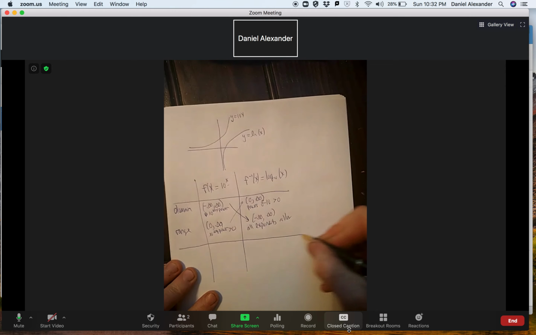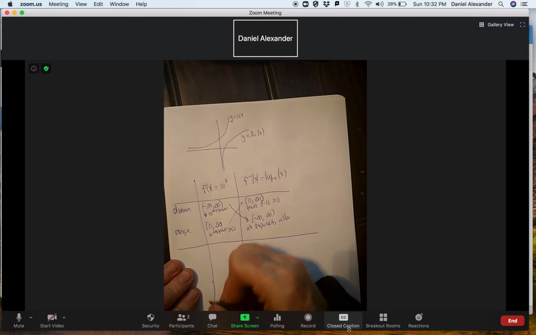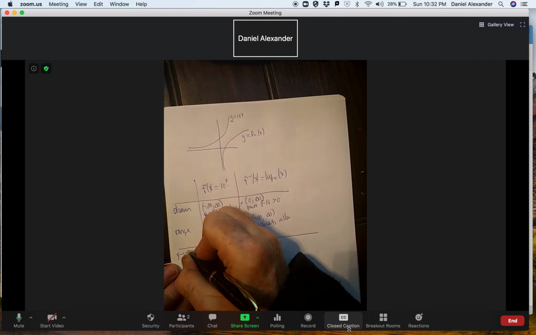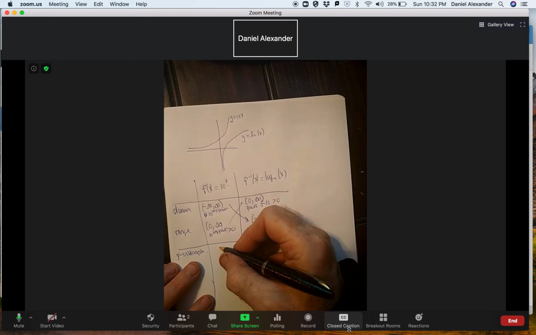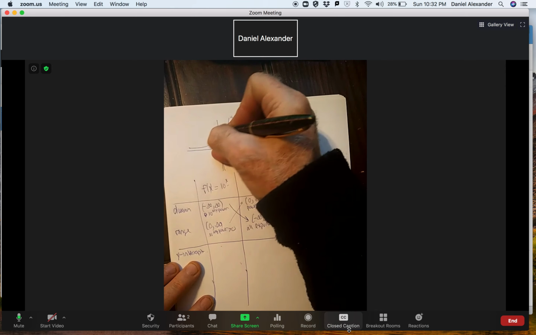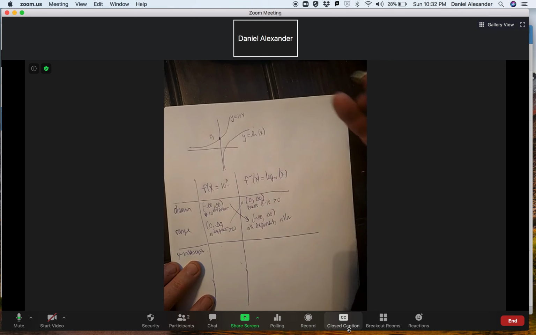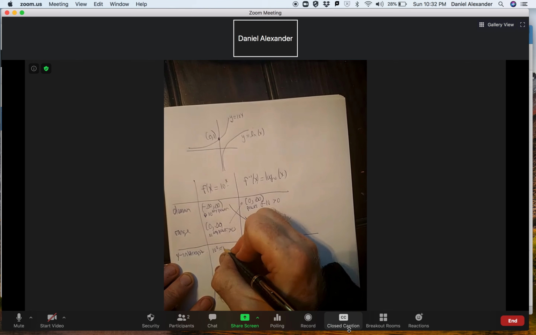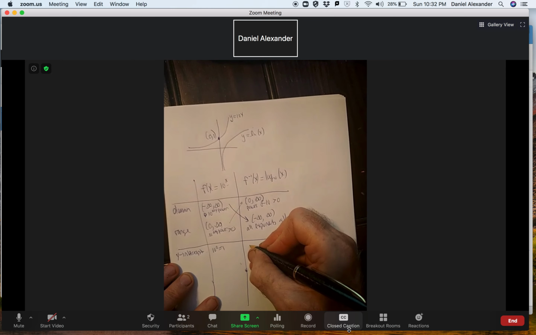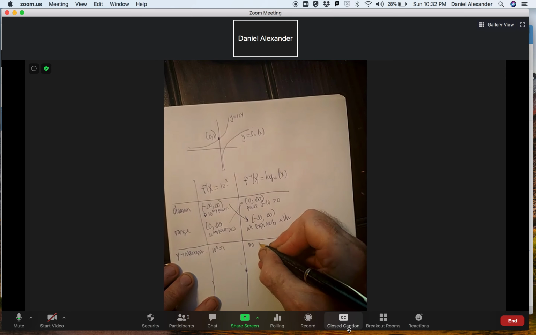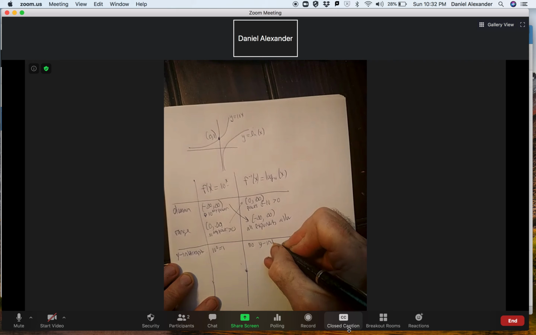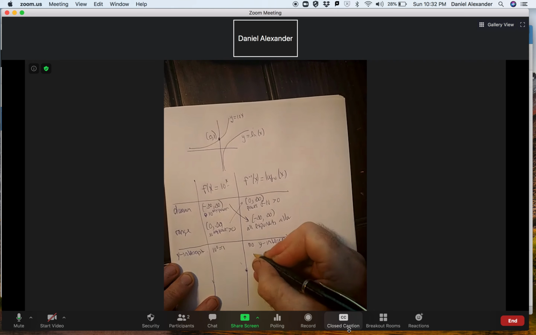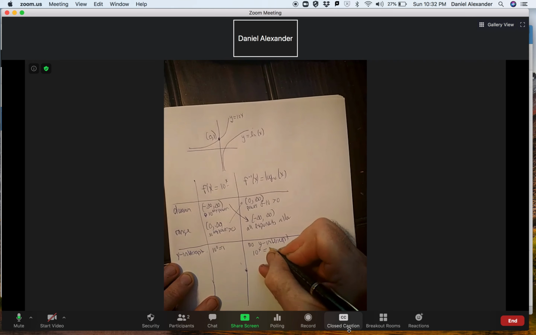Okay, a couple of other things. Y-intercept, let's look at the two of them. The y-intercept of 10 to the x: we plug in x equals 0, we get 10 to the 0, that's 1. There's no y-intercept for the logarithm, because 10 to the x equals 0 has no solution.